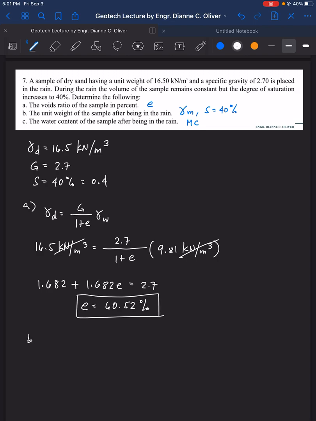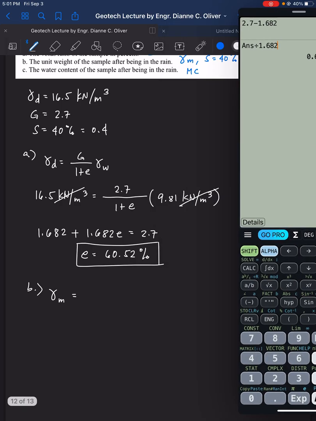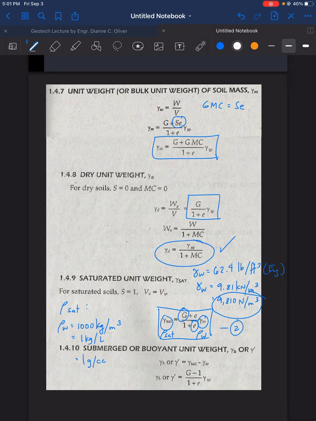Next, letter B. We're looking for the gamma moist. So what's the formula for gamma moist? Are we going to use the SE or the GMC? For the gamma moist, we are going to use the SE because S is already given.